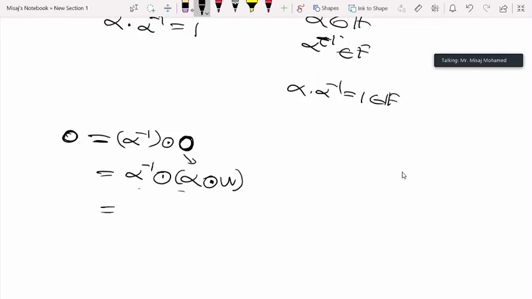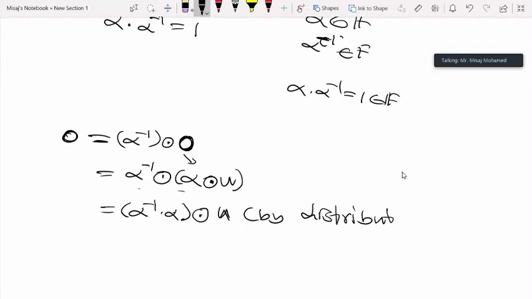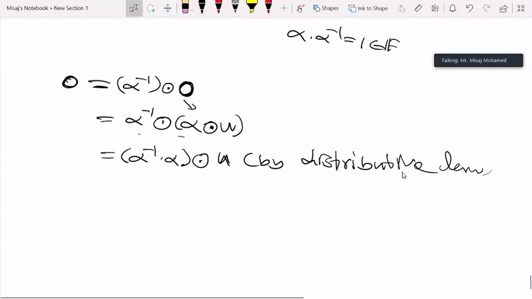So these two are scalars, distributive law. Therefore, alpha inverse into alpha dot u, by the distributive law.